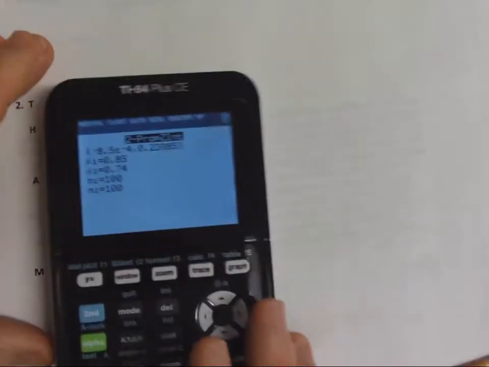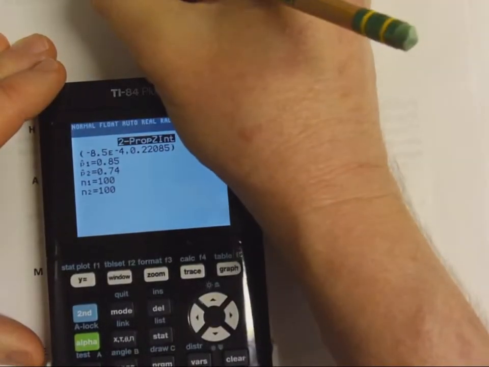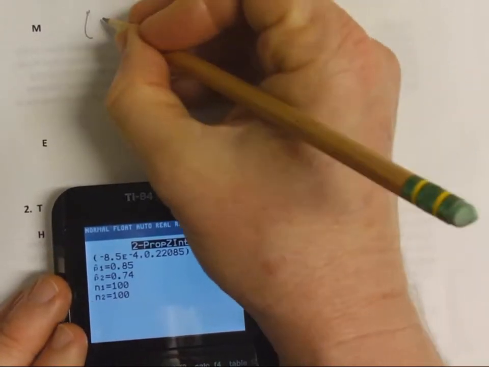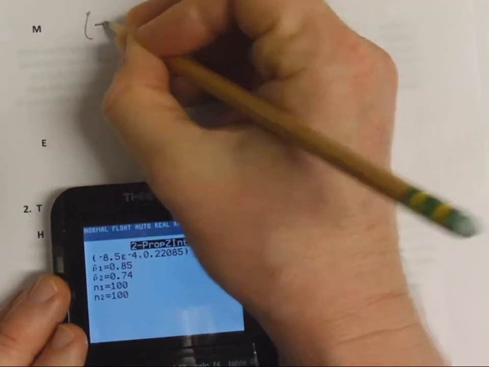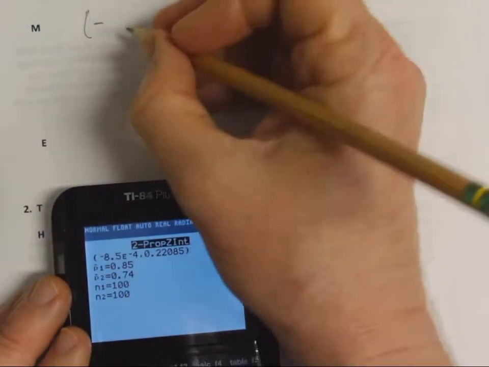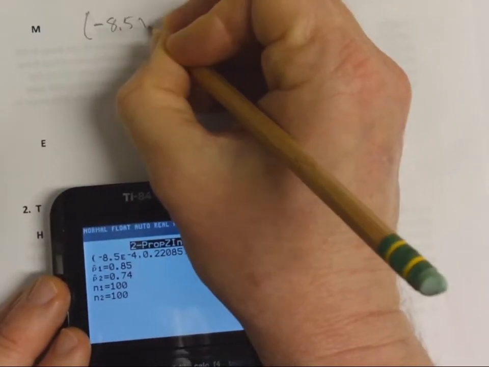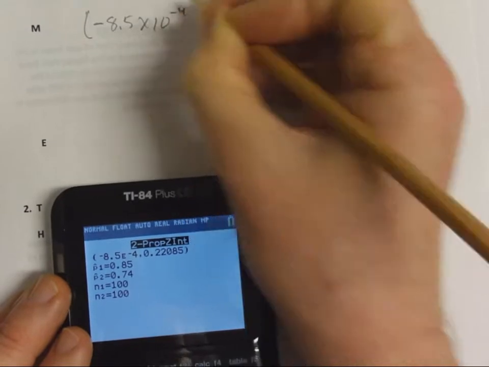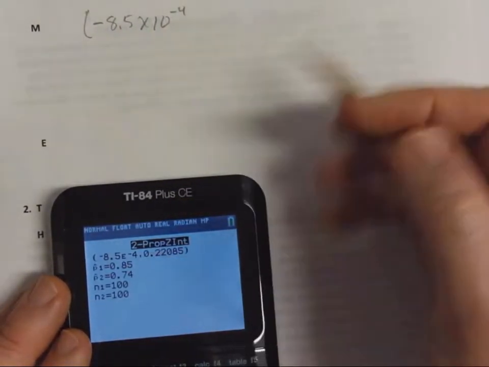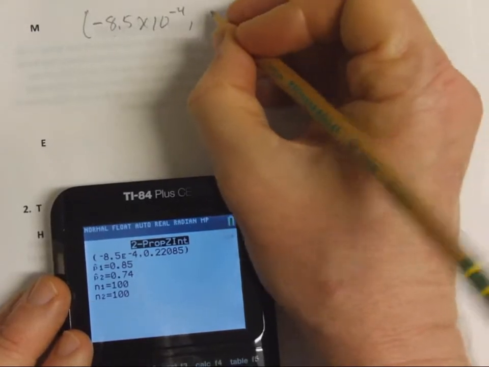So for our mechanics, in essence, all we have to write down is this thing, which would be negative 8.5 times 10 to the negative fourth. That's not negative 8.5. It's negative 8.5 times 10 to the negative fourth. That's an important issue. It's really close to 0, actually.